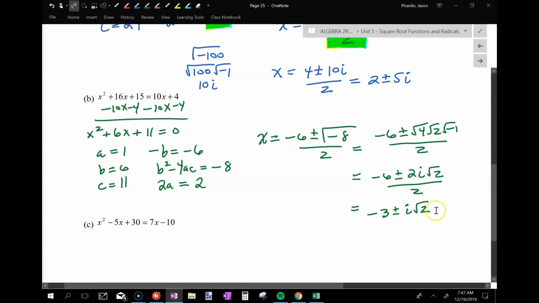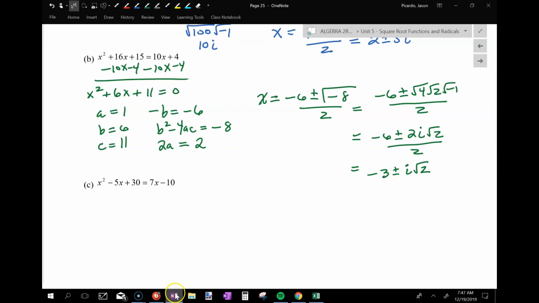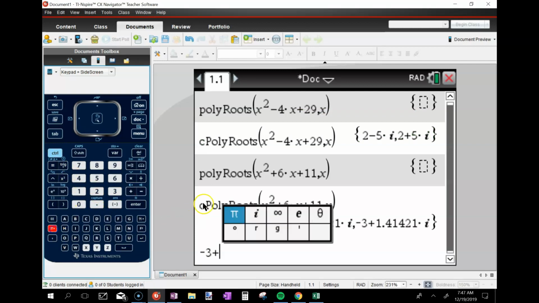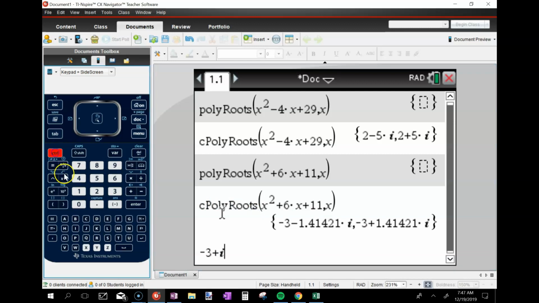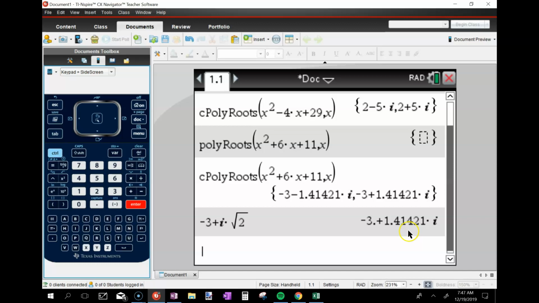If we go back to our complex roots, guys, negative 3 plus or minus radical 2I. Watch this. Negative 3 plus I radical 2 gives me that. Does that match one of the solutions that we got for complex?